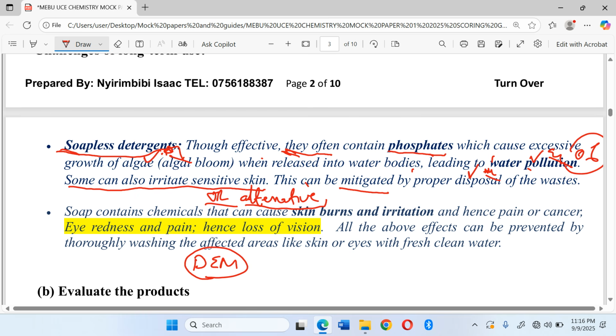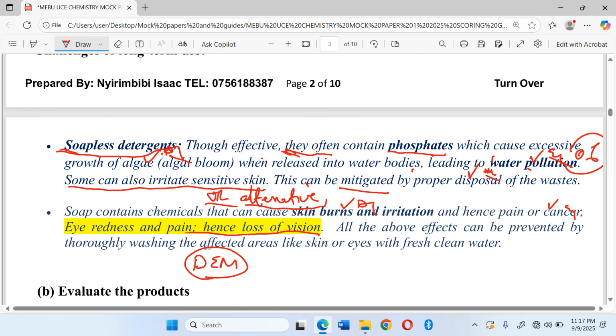Then another alternative, another person could talk about maybe soap. Now, we said soap contains chemicals that cause skin burns and hence pain or cancer. Someone else can say it brings about eye redness and pain, hence loss of vision.